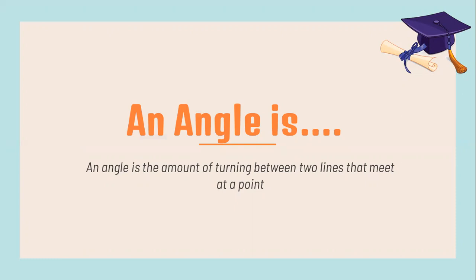So we have to have two lines, and then they meet at a point, and the amount of turning we call an angle.